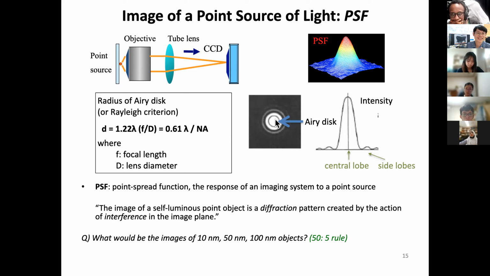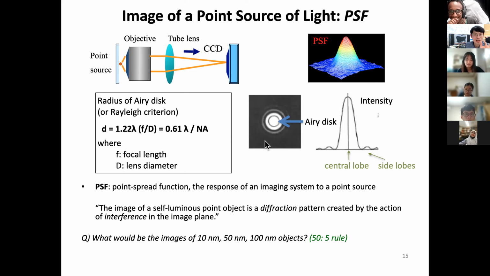Zhang Myung, what will be the image size of your 100 nanometer object? Still more than 300. You mean smaller than 300? Okay.